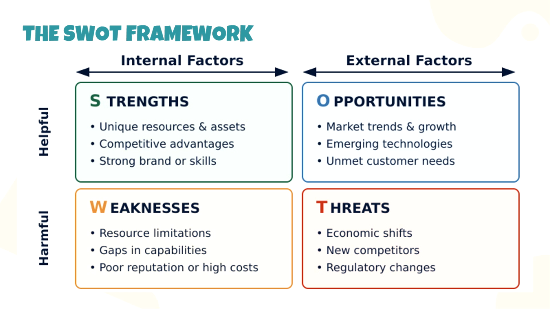Next, let's look at the external factors. External factors consist of opportunities and threats. Now, what are opportunities? Opportunities are external, looking at the external environment that's away from the business. So we're looking at market trends and some of the market growth.